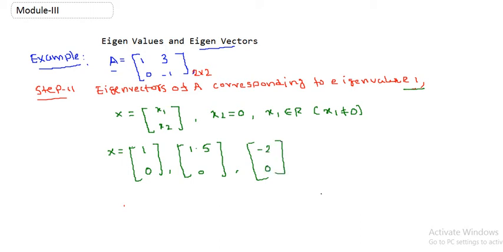Here x1 is any real number and x2 is always equal to 0. The collection of all eigenvectors is going to form a subspace, and that is why it is called the eigenspace.